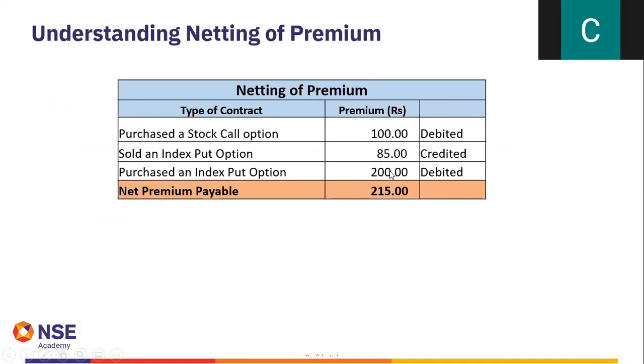Since I bought it, I'll be paying premium, that is 200. So net 215 will be collected from my account. That is called netting of premium. So it's not that we'll be debiting 100, crediting 85, debiting 200. No, one single transaction, that is netting, will be done. This is netting of premium.